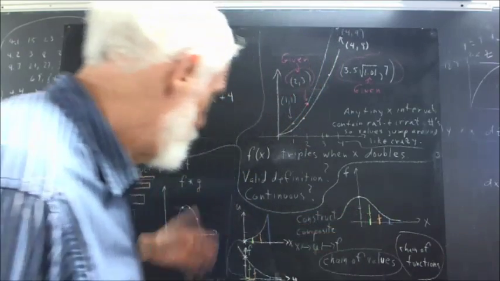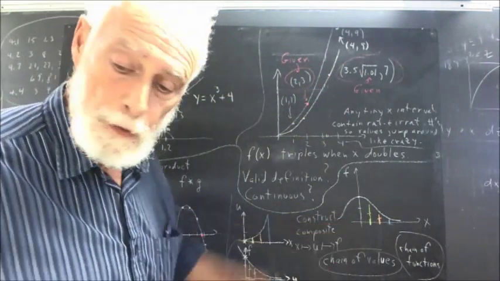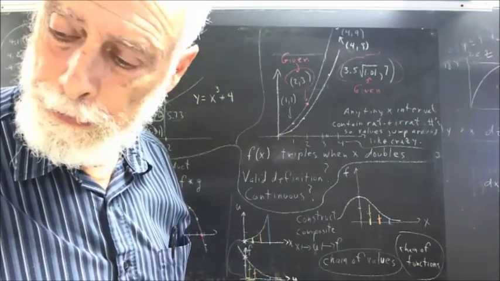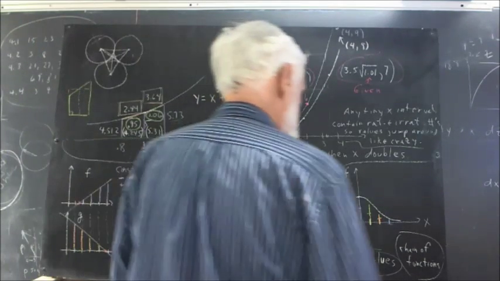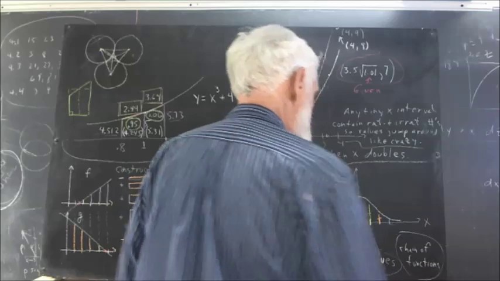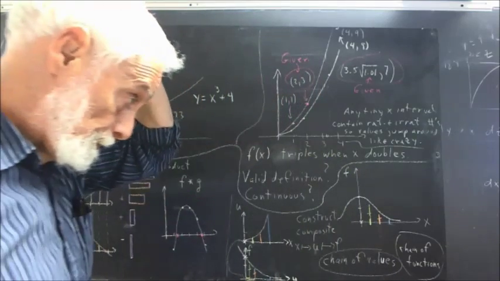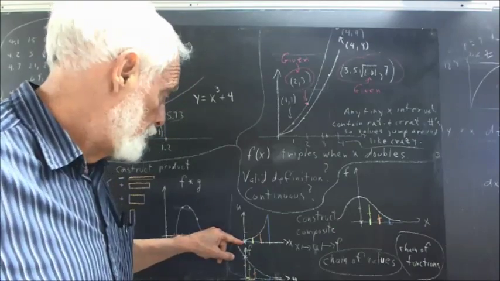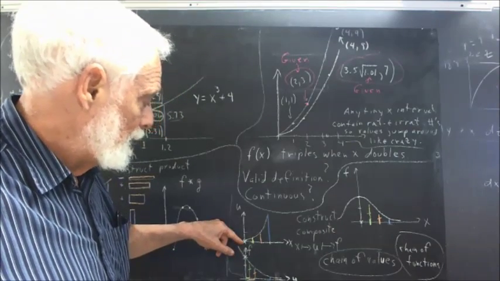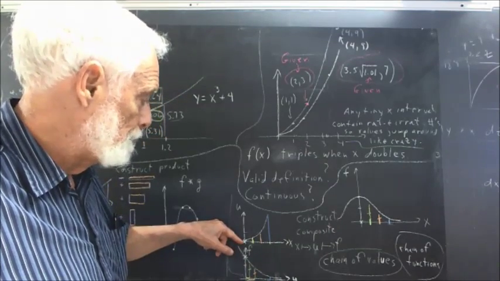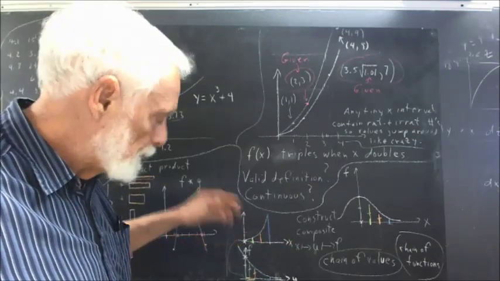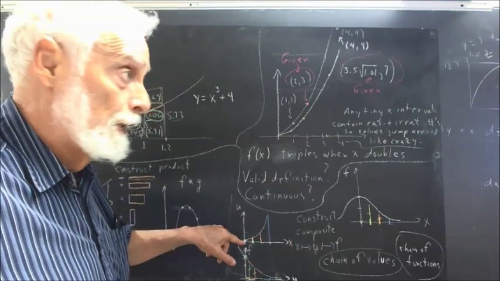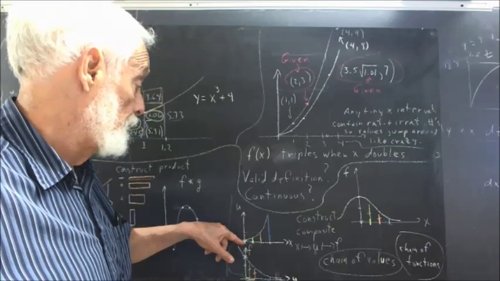Now, we can also do that, of course, for the point where x equals 0. So here's x equals 0, and here's x equals 0. Now, x equals 0 is at the origin of the coordinate system.